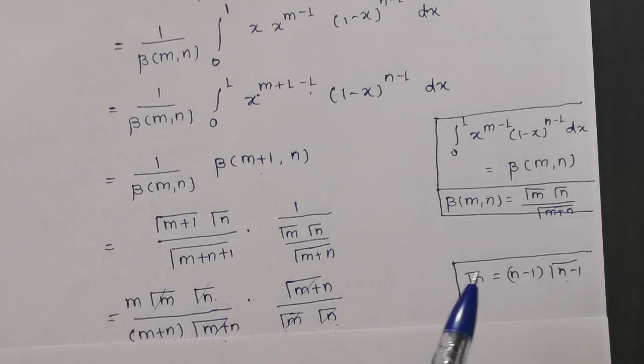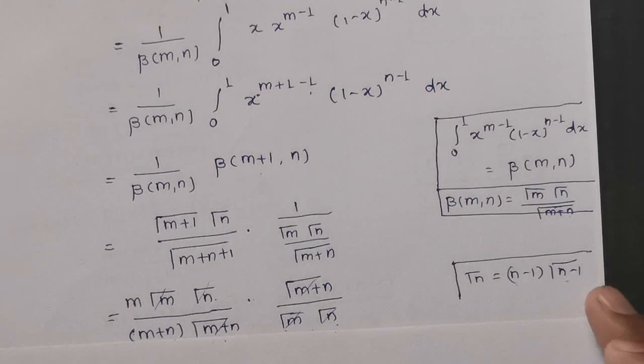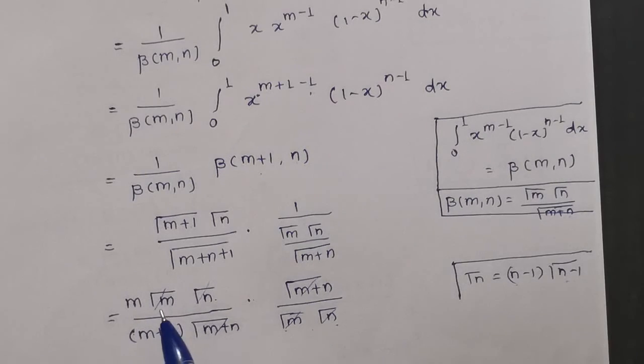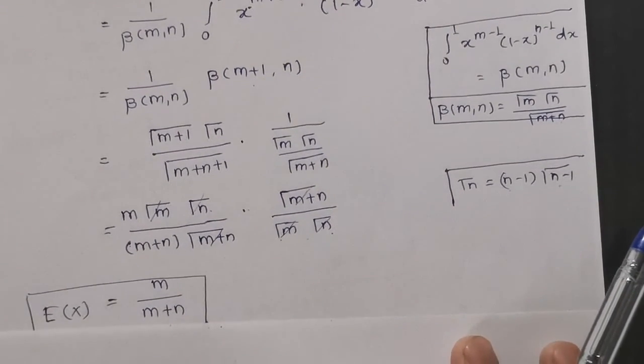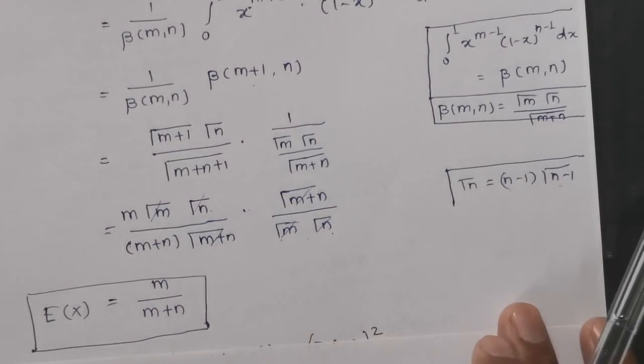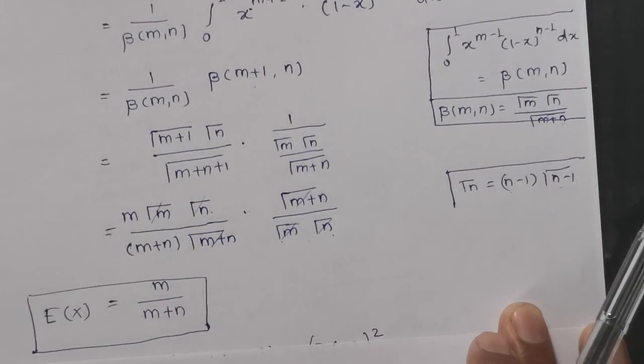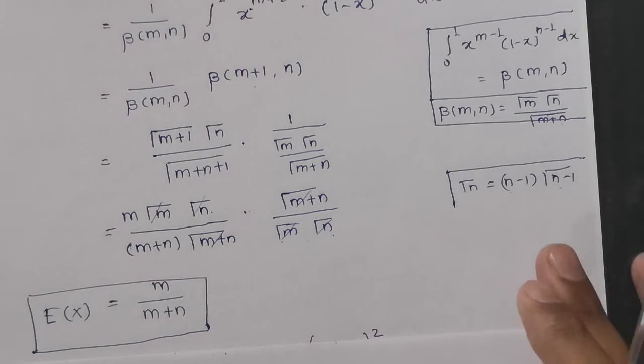So the expectation of beta distribution of first kind is m upon m plus n. Only the remaining part is m upon m plus n. So this is the mean of the beta distribution of first kind.